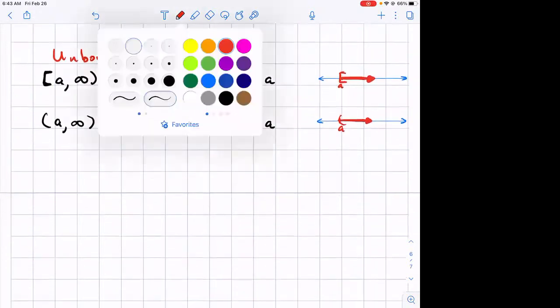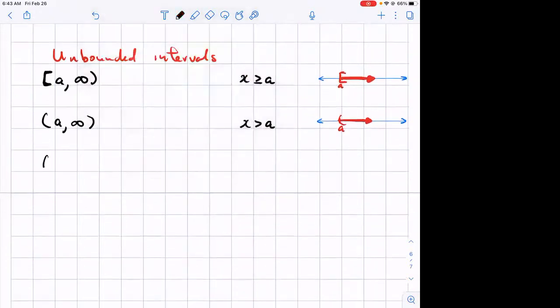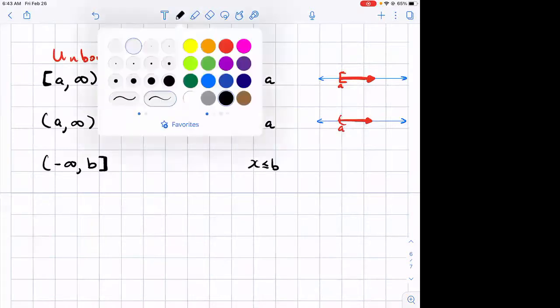We can do this also with some negative. We have negative infinity, comma, use a different letter B, and here we have the brackets. So we say X is now less than or equal to B, because now we're looking at the negative side.